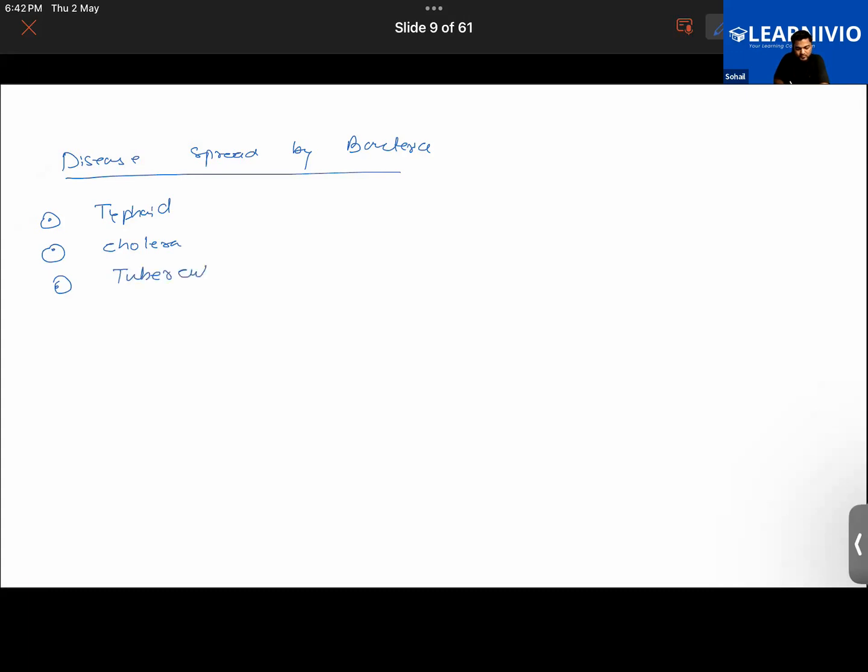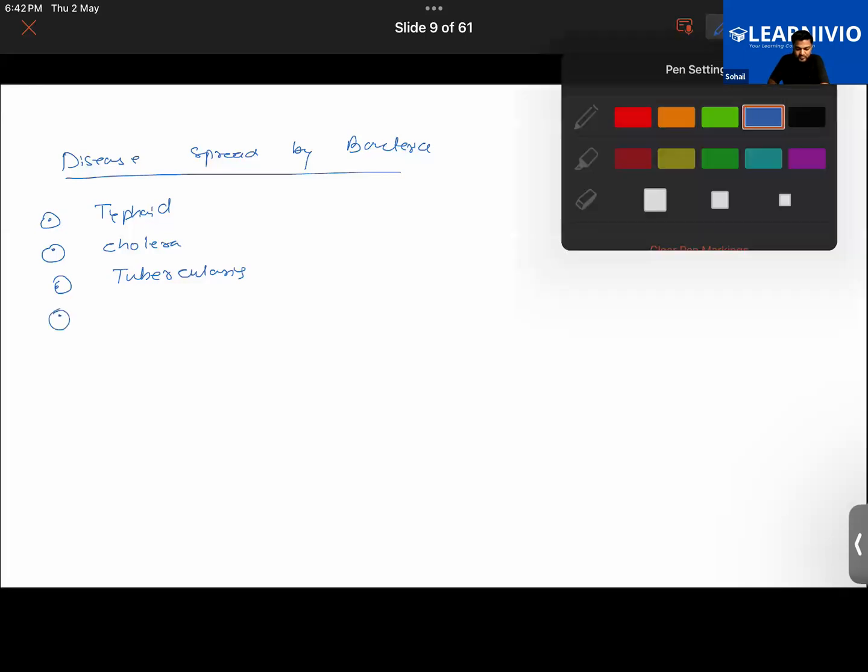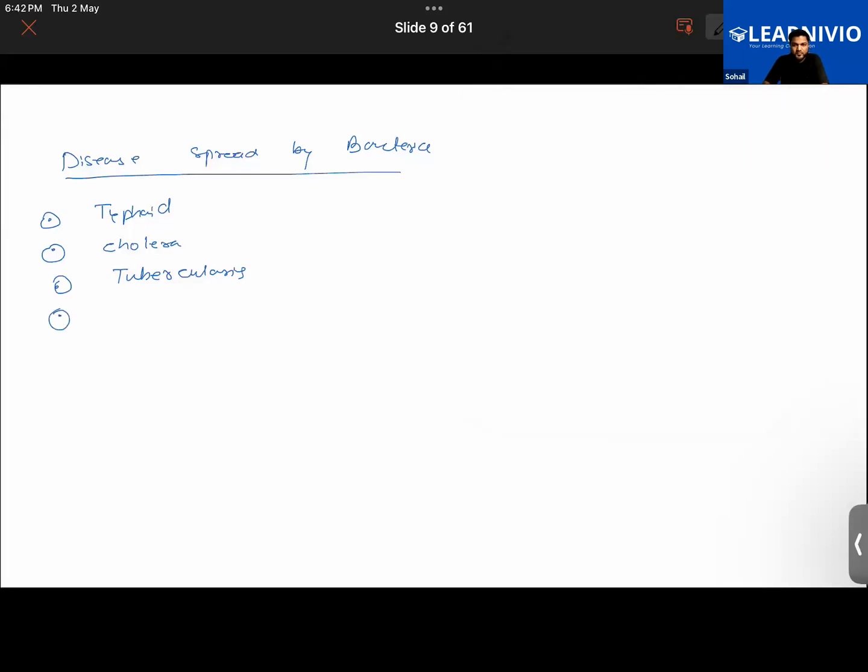How does tuberculosis spread, by the way? From contaminated air, it can spread. Tuberculosis can spread from contaminated air. Apart from this, you have some other diseases also, like food poisoning, which is also caused by bacteria.